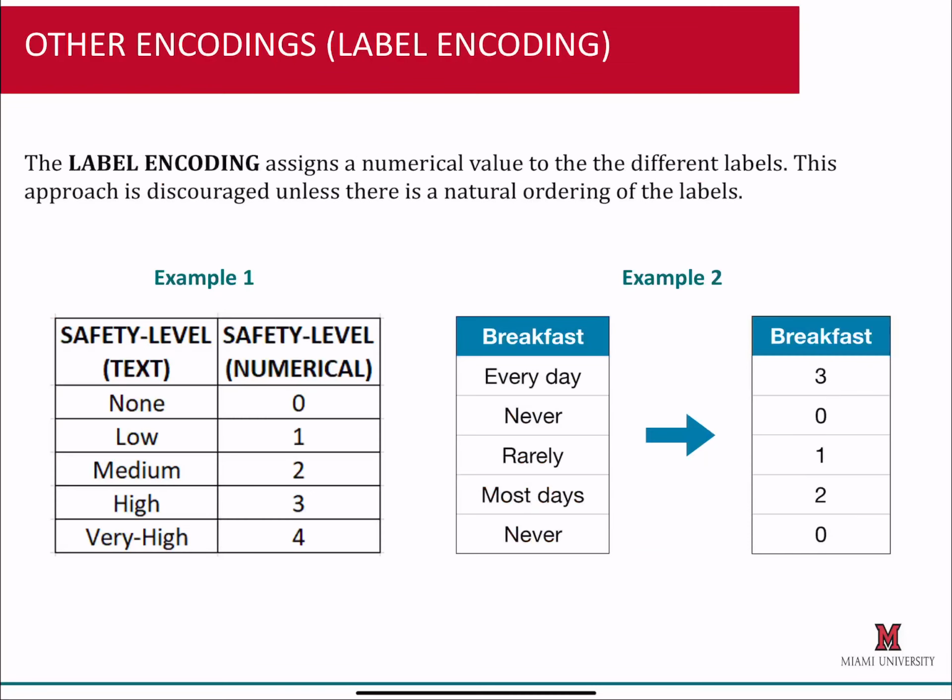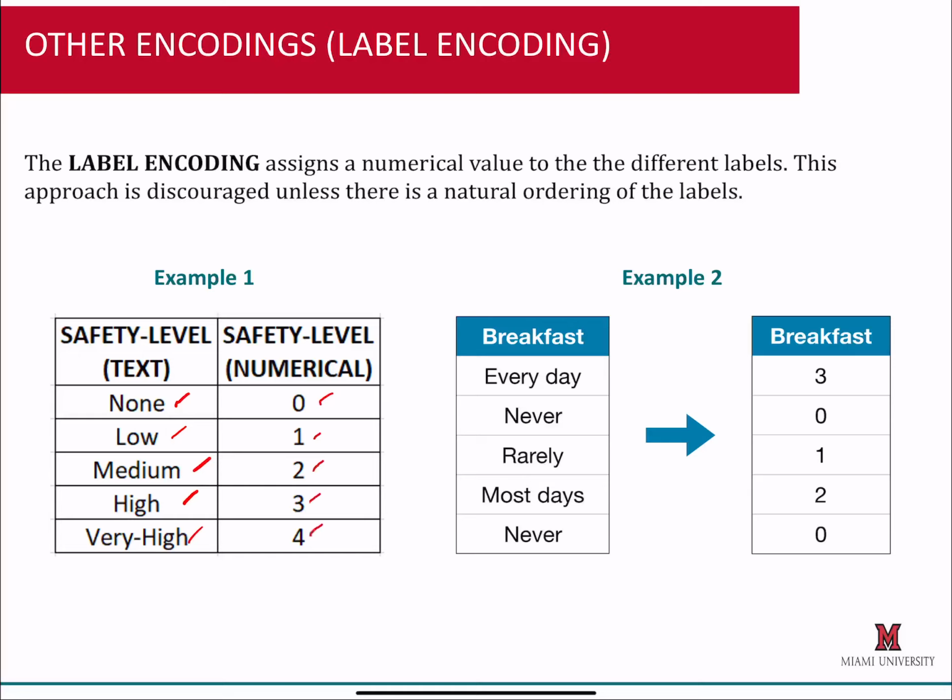But there's another encoding called label encoding. A label encoding is just assigning a numerical value to the different labels. So for instance, if we have safety level, and that safety level is known, low, medium, high, and very high, we can actually label encode it as 0, 1, 2, 3, and 4.